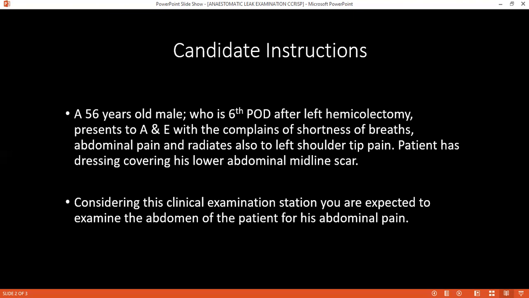I examined this 56-year-old male who is a 6 post-operative day left hemicolectomy with generalized abdominal pain, which radiates to the left shoulder tip. However, the patient has a patent airway.